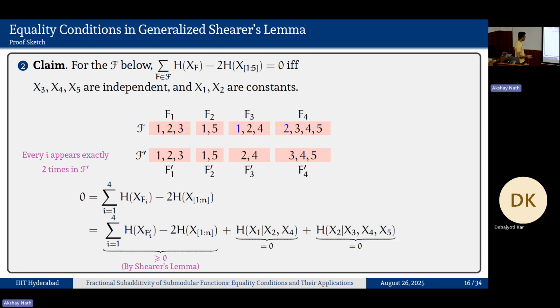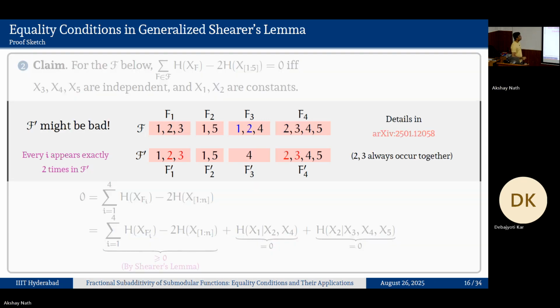But there's a slight caveat here. In this reduction, we assume that pairs of elements do not always occur together. It may be the case that you cannot always reduce to a case where you have exactly k repetitions without encountering this problem.